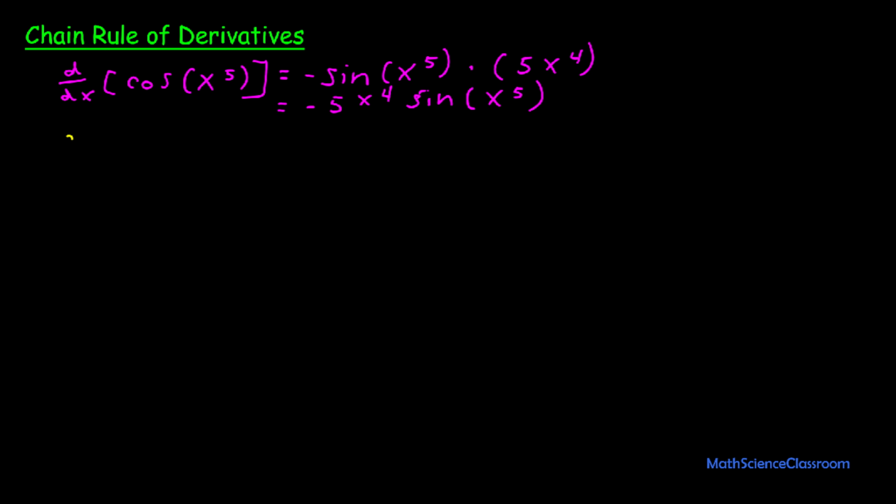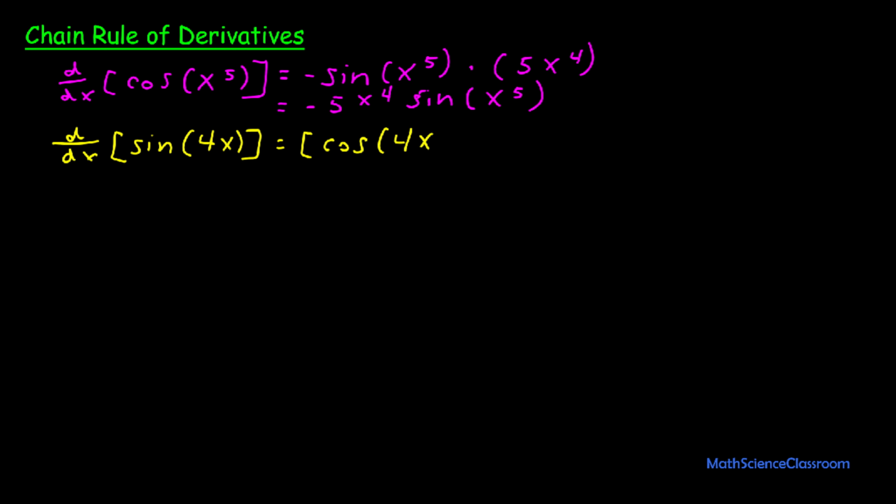Let's try another. d/dx of sine of 4x. So the derivative of the outer function is cosine of 4x.